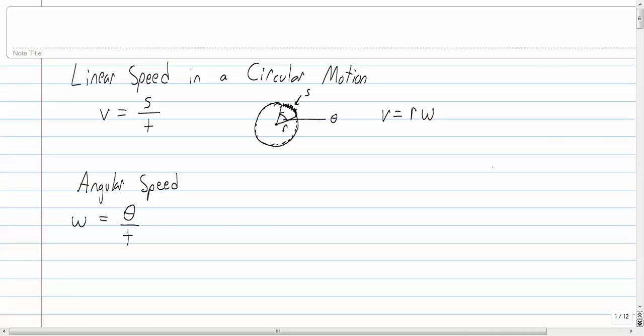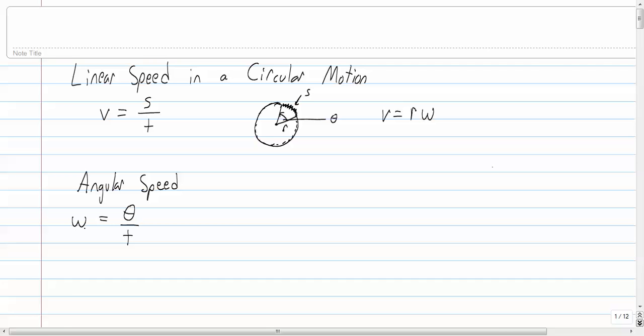So you may be thinking, well, which formula do I use for linear speed? Well, that's going to depend on what information we have in the problem. Also, with angular speed, we want to put our answer in radians per unit of time.